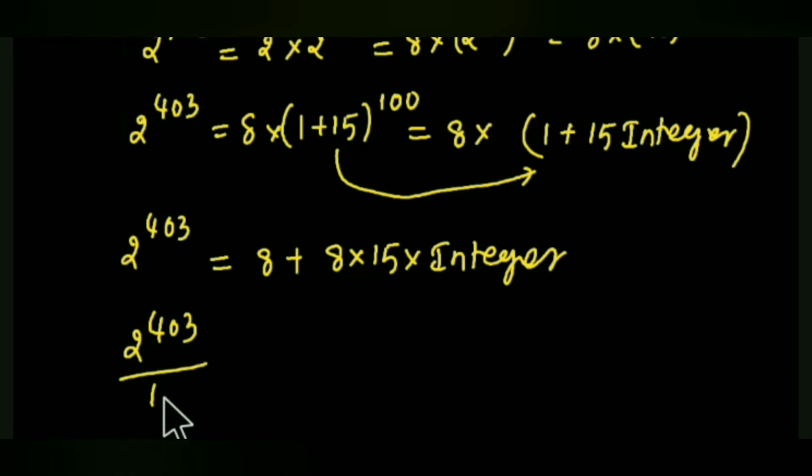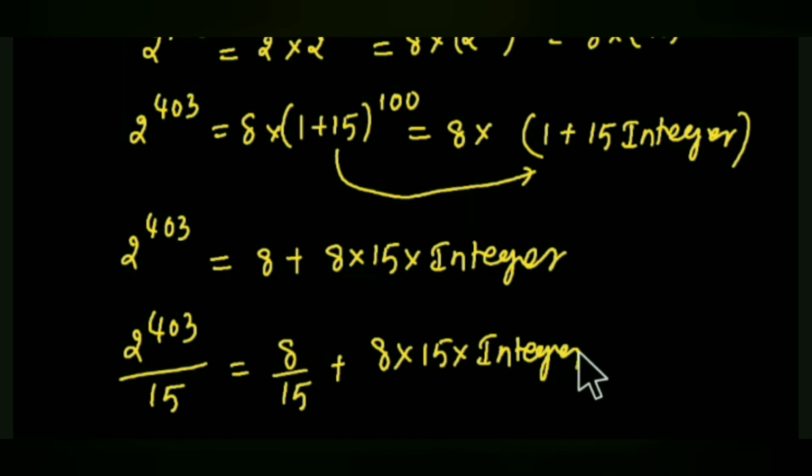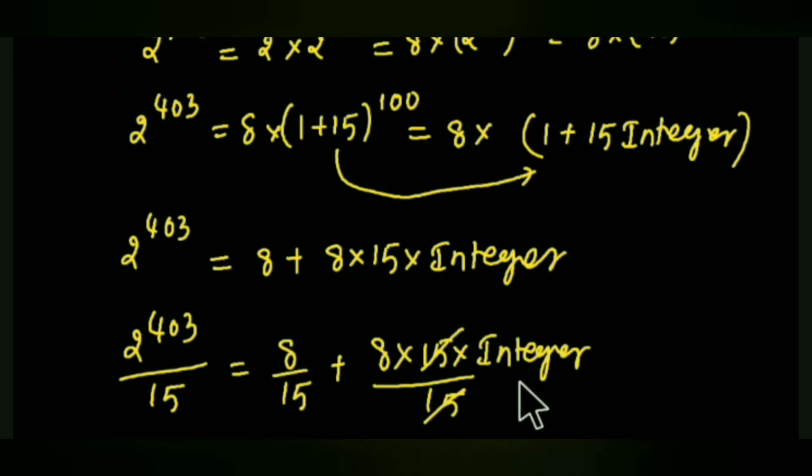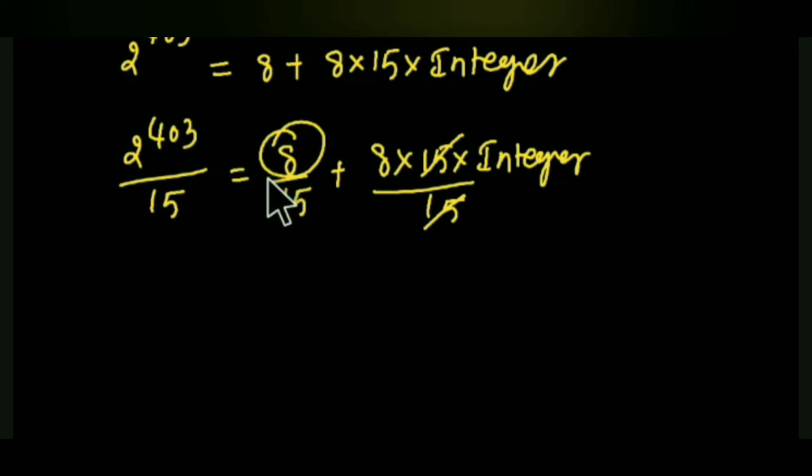Now this number is divided by 15. I write 8 by 15 plus 8 into 15 into some integer divided by 15. So this 15 cancels out. There is no remainder in that part, but the remainder you are getting is 8.